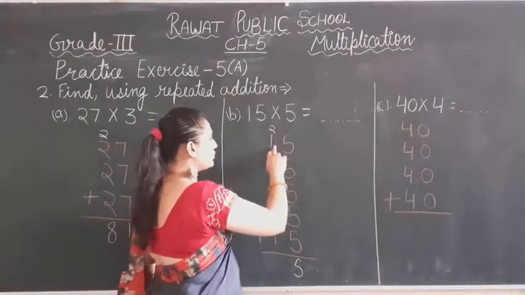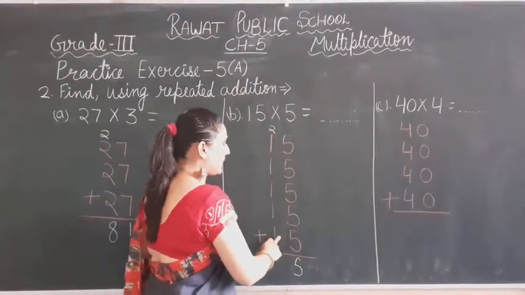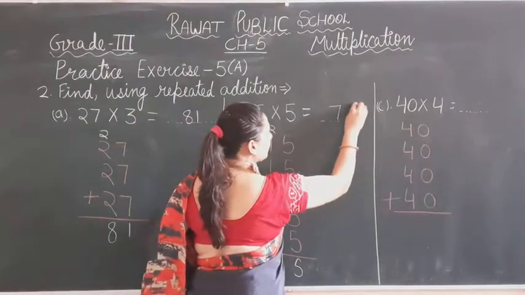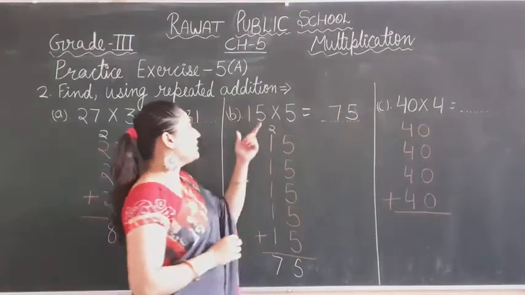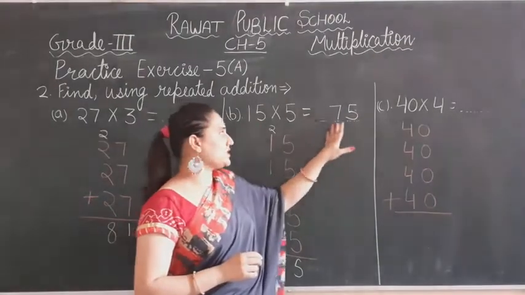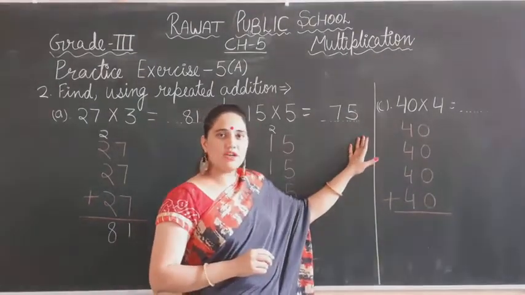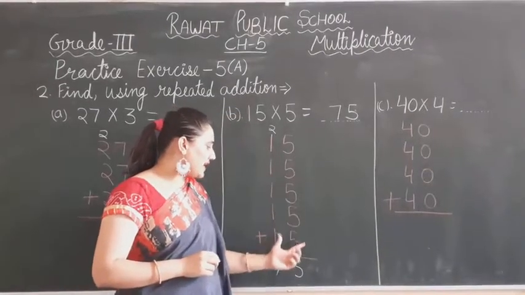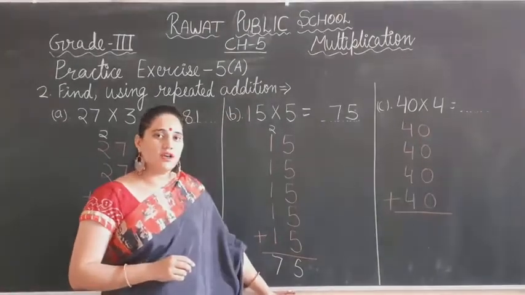So 2, 3, 4, 5, 6, 7. So it becomes 75. You can say 15 times 5 is equal to 75, or you can say we add 15 five times, so we got 75.